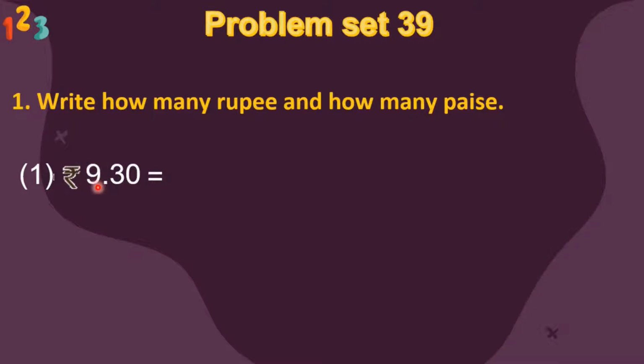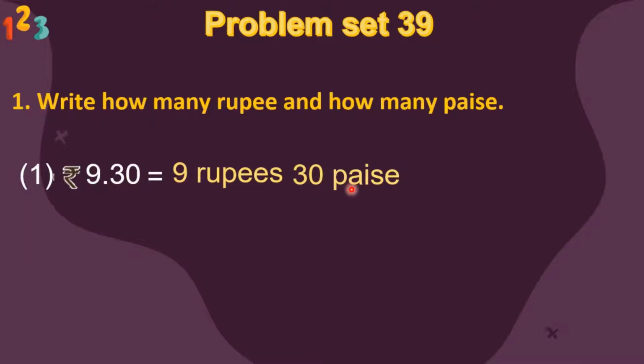So here we write 9 rupees, and the decimal part, which is after the decimal point, that is here 30, we take as paise. So rupees 9.30 we write as 9 rupees 30 paise.